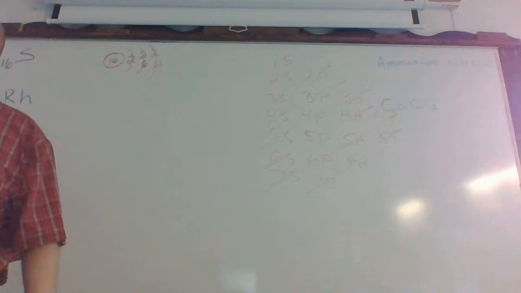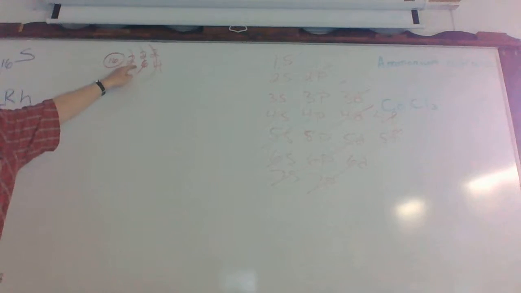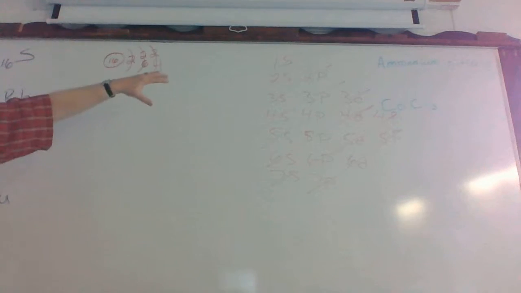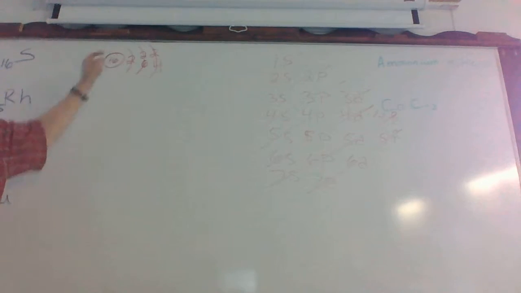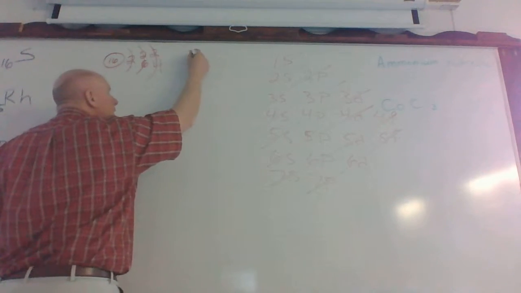So even if you didn't use the shortcut, this would not be very long because you're only dealing with these 5 numbers. Okay? Because even if you add all these together, you get 16. So what noble gas would you have to use? You could use helium, but that's not going to save you much time. You would use neon, so that means you're already up to which number then?